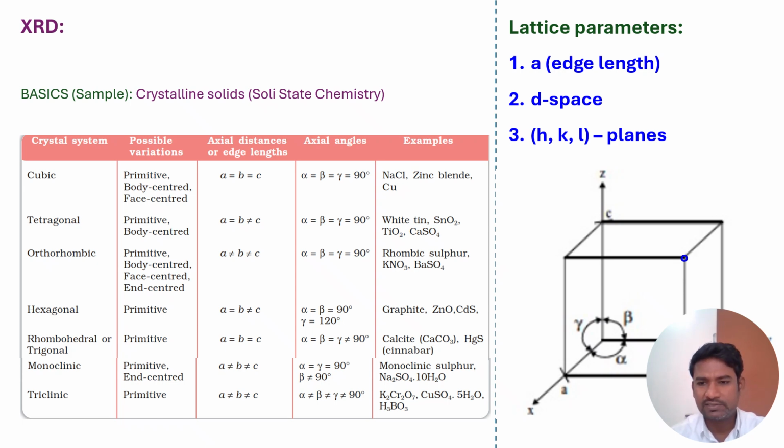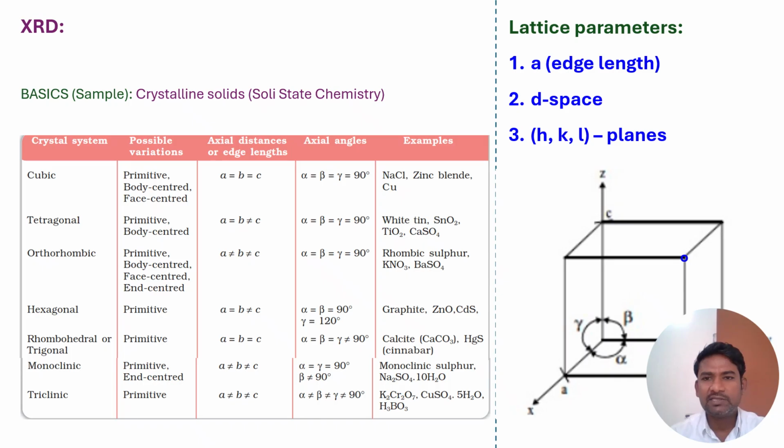You can look at this simple cubic system and understand what is angle of axis. This is alpha, this is beta, this is gamma, and this is the edge length called A, this edge length is B, and this edge length is C. So you understand every system from this simple cubic system. When we understand this simple cubic system, we understand all the crystal systems.